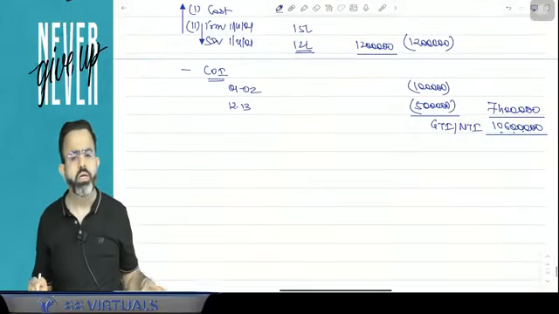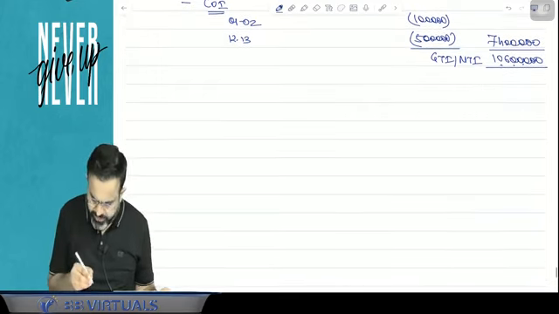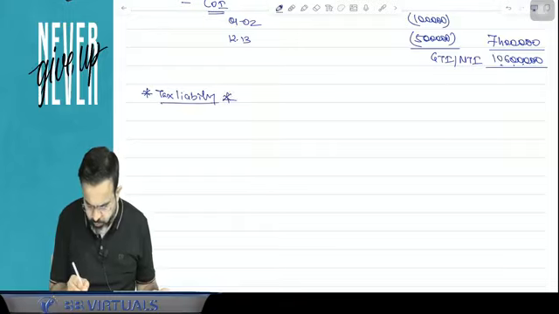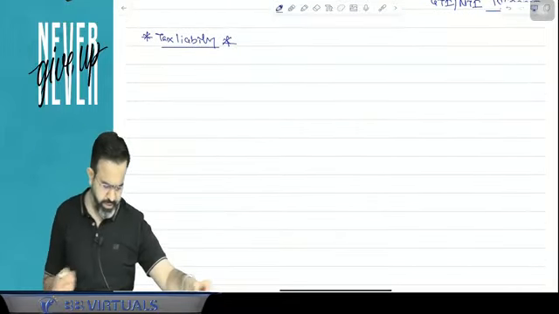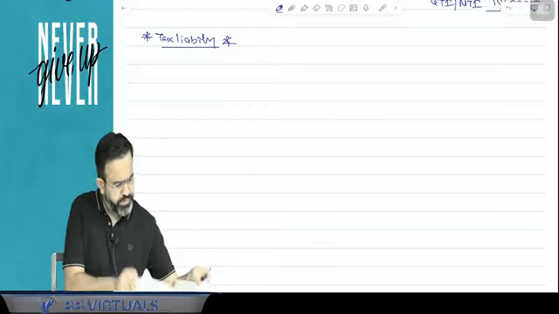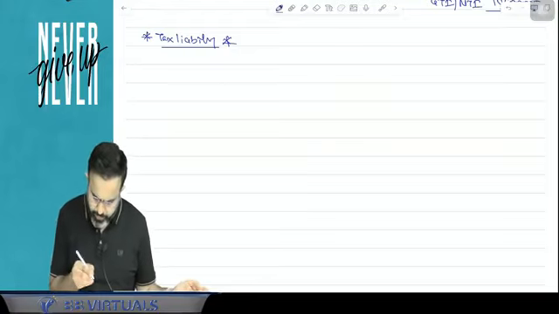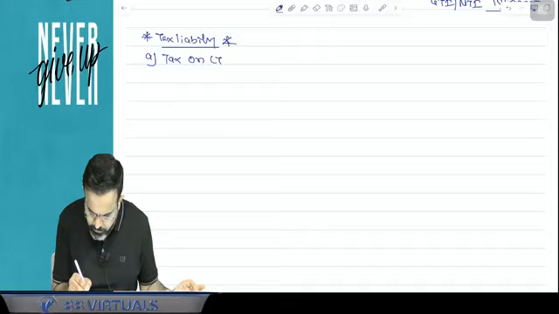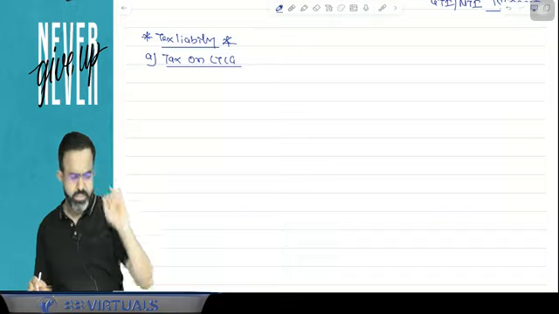Yes. Now tax liability. So how will you calculate the tax liability? For the tax liability, we will write tax on LTCG. Here A is tax on LTCG. Are the conditions satisfied or not?